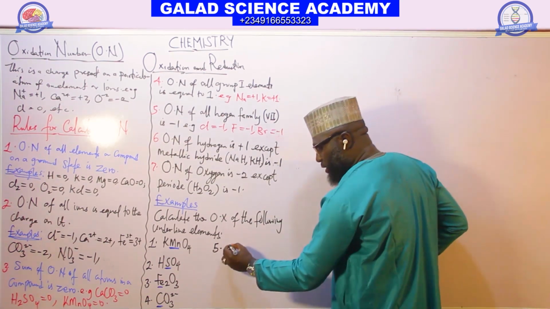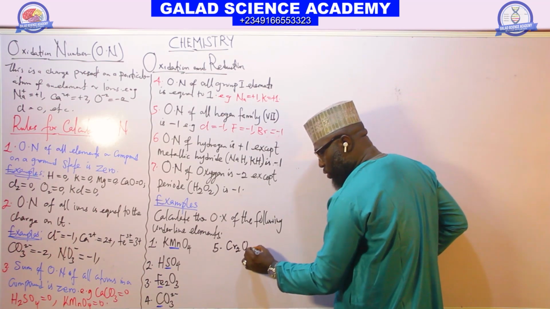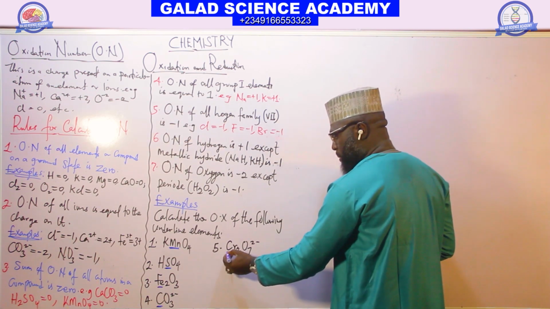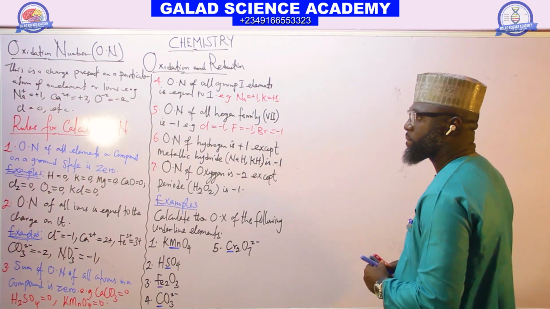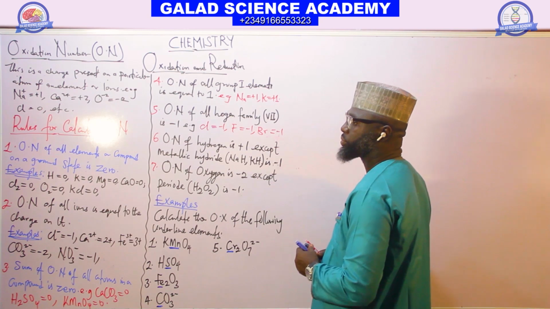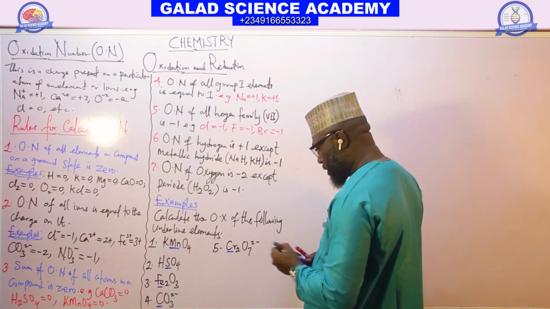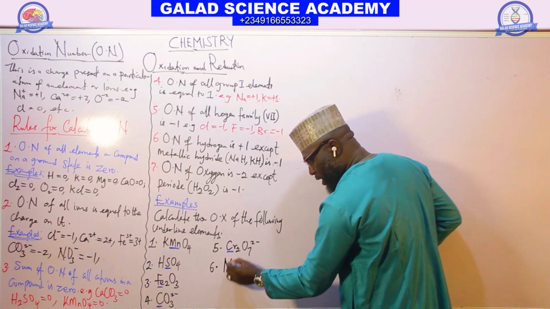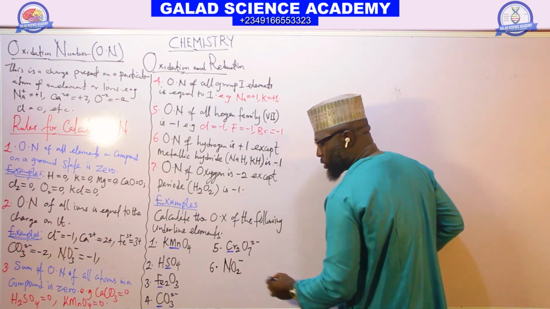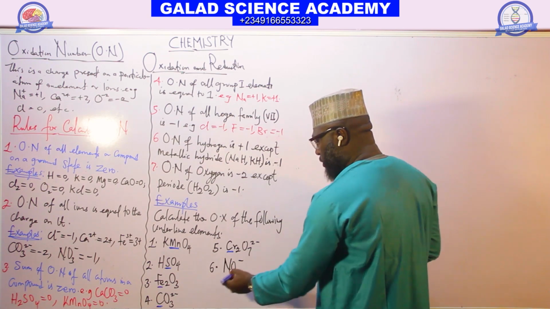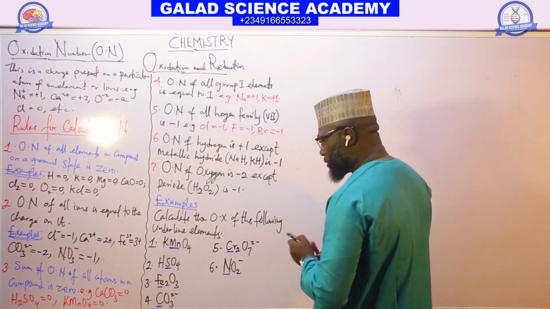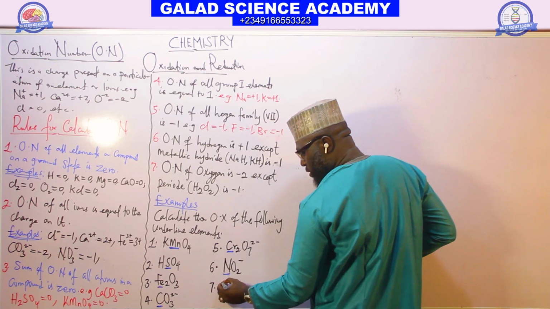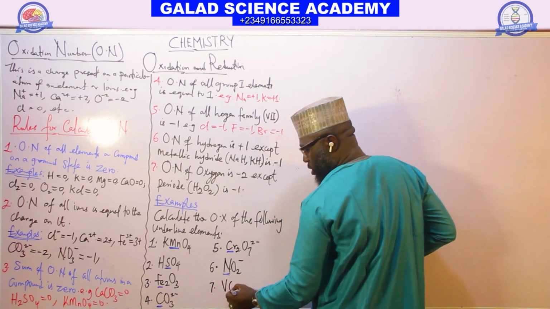Find Cl in Cl2O7 minus 2. 6. Find N in NO2. 7. VO2.